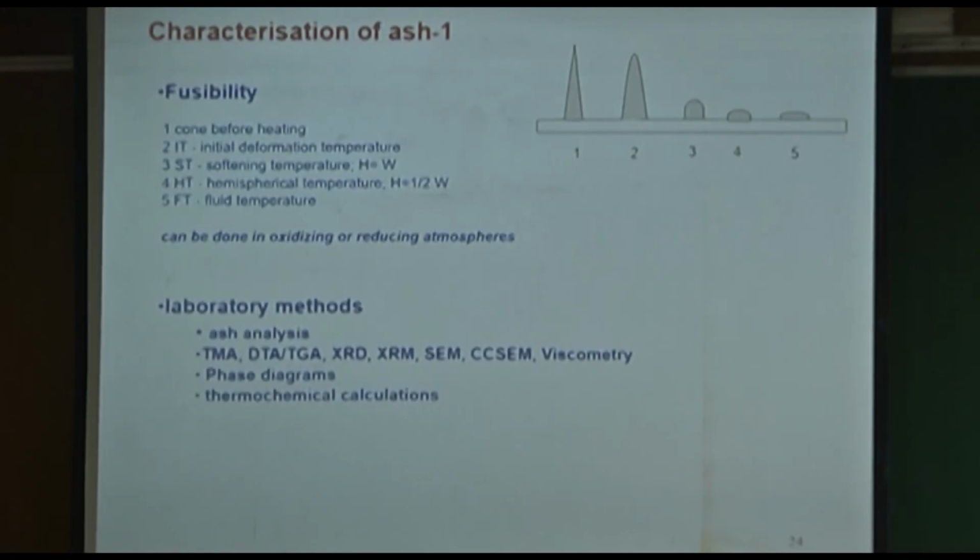Laboratory methods: the ash analysis, X-ray fluorescence, ICP, as I mentioned before. Thermomechanical analysis is another way of getting an indication of the sintering or ash melting propensity. You take a sample of ash, put it inside the container, and inside the crucible you apply heat from the sides, and then you apply pressure.